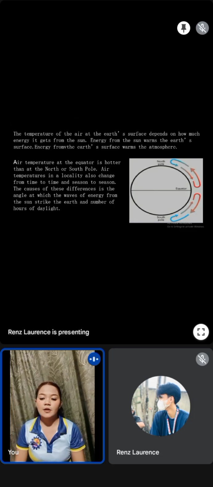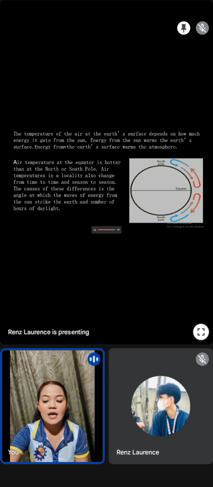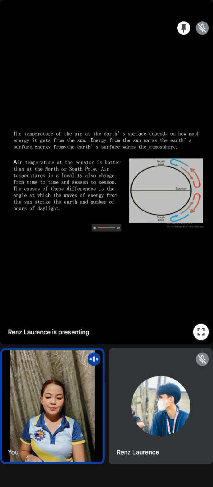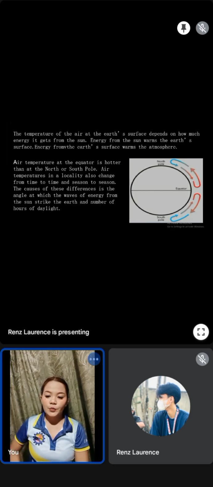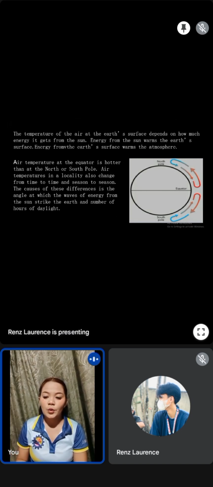So, these changes are called variations in temperature. Here are the main reasons why temperature varies. First, we have the time of day. In the morning, we feel that it is cooler. It is not humid. But in the afternoon, we can feel the humidity and the heat, because the sun is directly overhead.